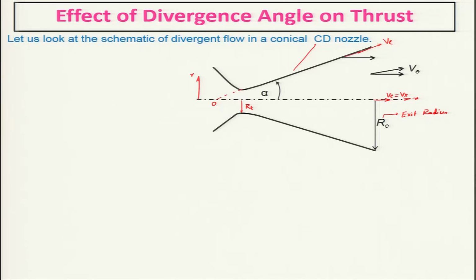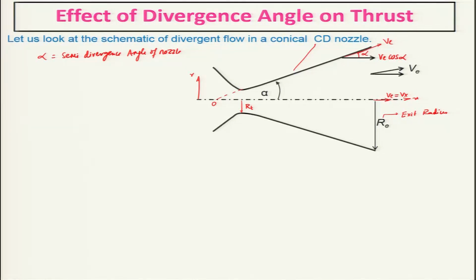This alpha is basically the semi-divergence angle of the nozzle. If I take the component along the axial direction, it will be VE cos alpha.